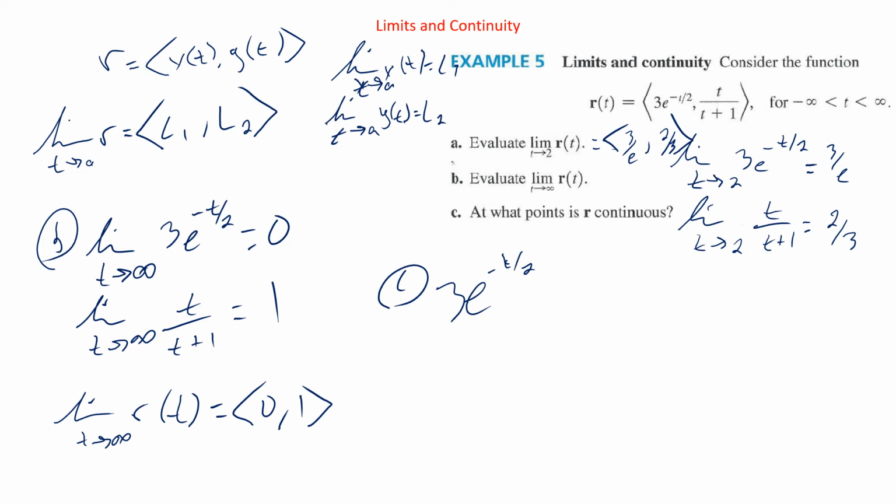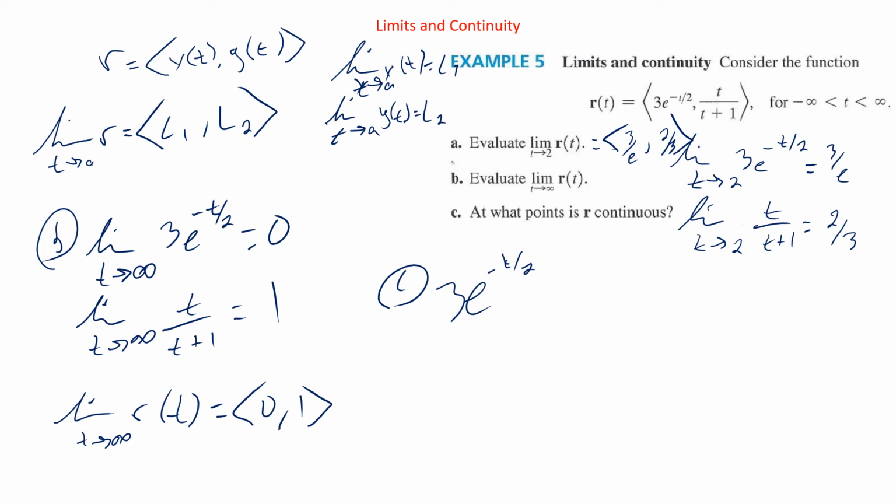We can divide any number by 2. The thing we'd have to worry about is that the negative exponent makes it 1 over e to the power. So as long as that doesn't equal 0, we're fine, and e to the power will never equal 0. So this is good for all values of t.